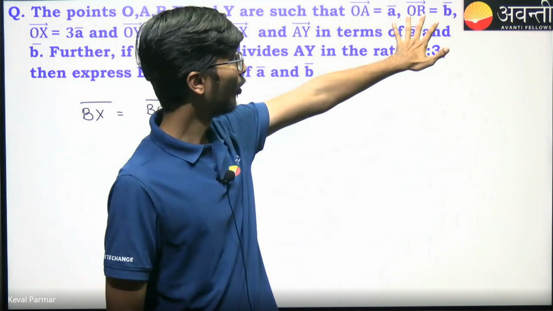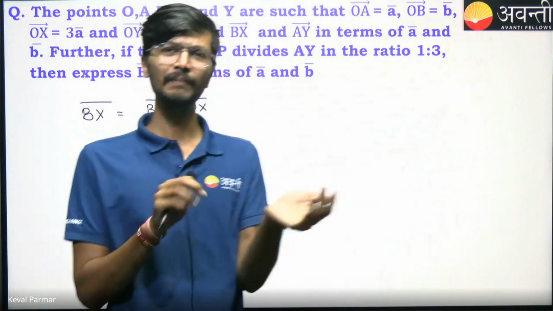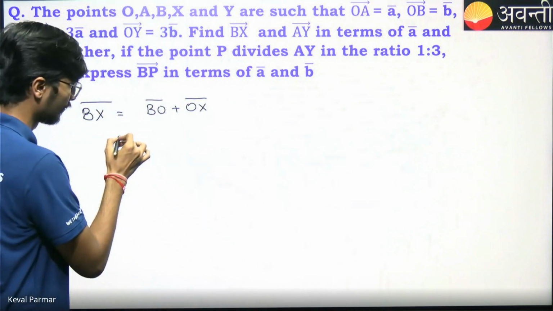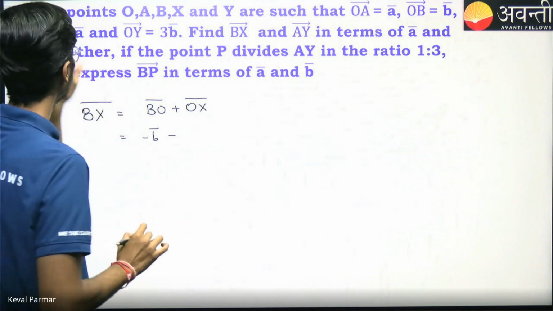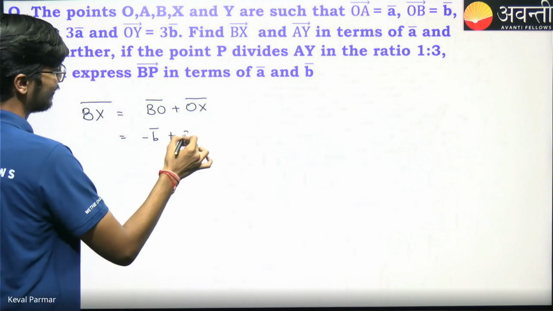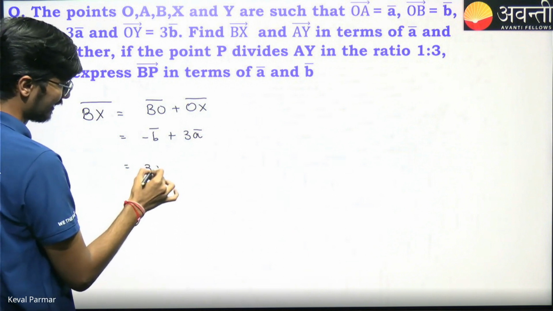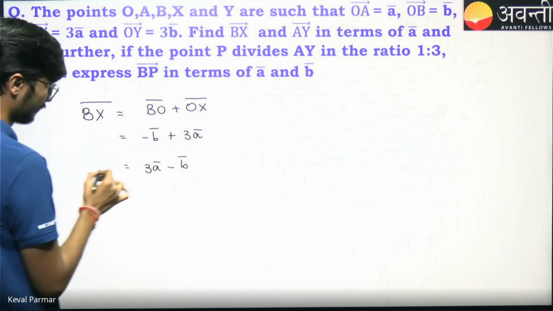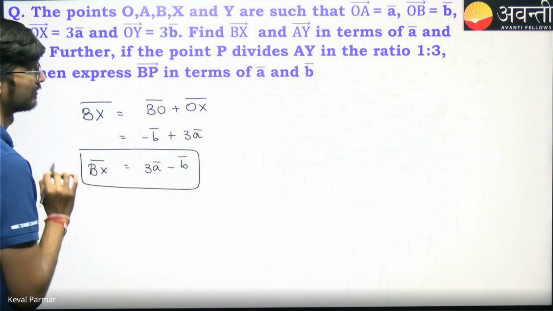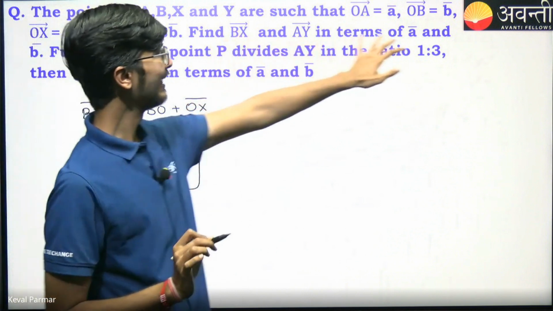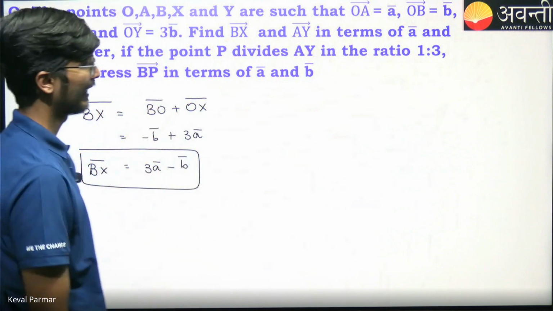Yes, OB bar is B bar. So what will be BO bar? It will be minus B bar. What is OX bar? Plus 3A bar. So this will be 3A bar minus B bar. So I got BX bar in terms of A bar and B bar.